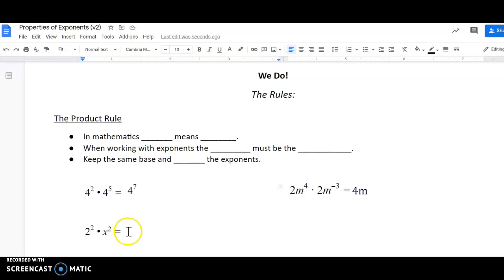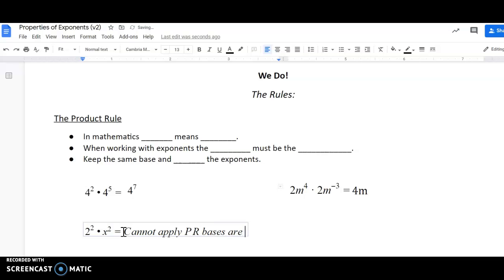So that's what you would do: you write it out, "Can't apply product rule," and just let me know you cannot apply it, because the bases are different or not the same. It's your own explanation of why we can't do it. There will be times where these will be different, so be aware.